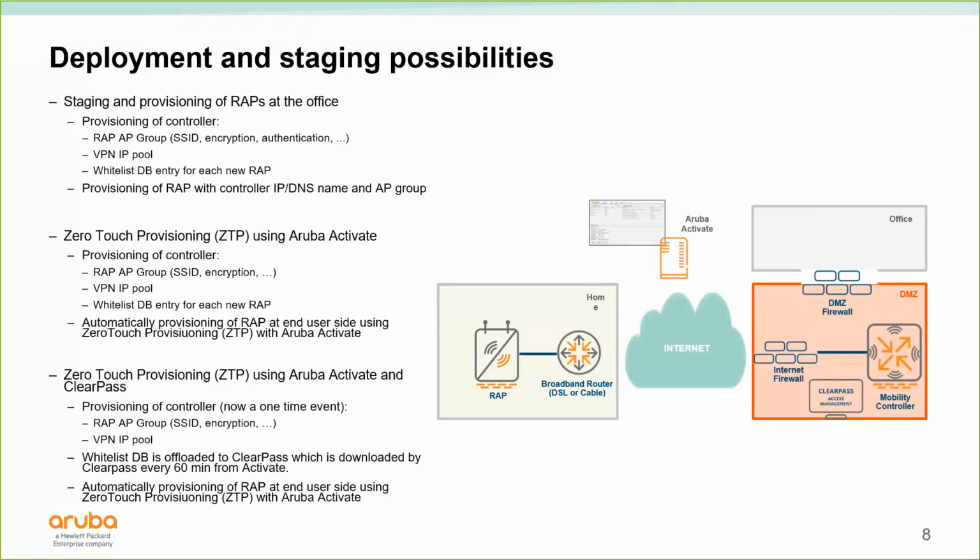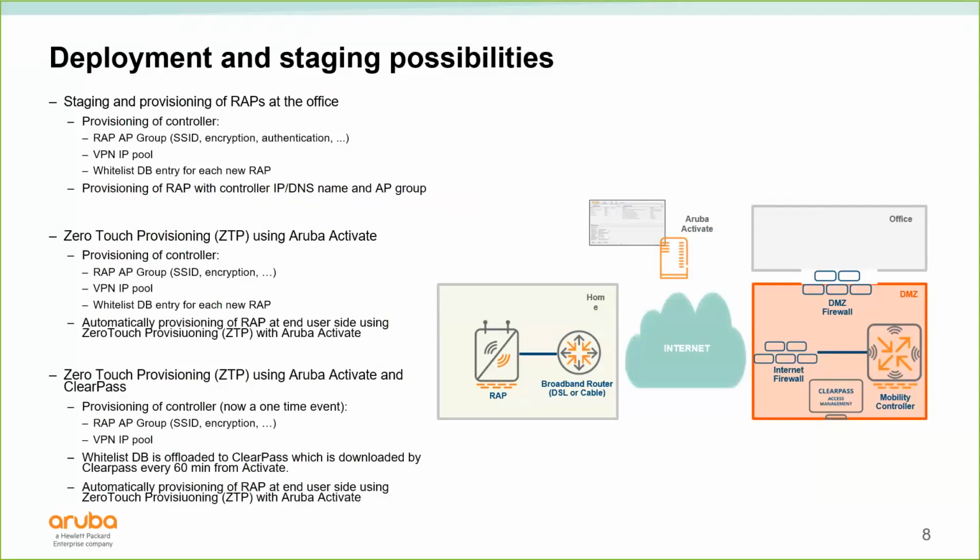So basically, I can now give somebody a RAP, and I don't have to do anything configuration-wise to that RAP at the site where it is plugged in and set up. I've already provisioned that on my controller. This RAP is able to reach out to a free cloud service called Aruba Activate. Activate is going to say, hey, RAP, you have a controller here that is going to be your master.